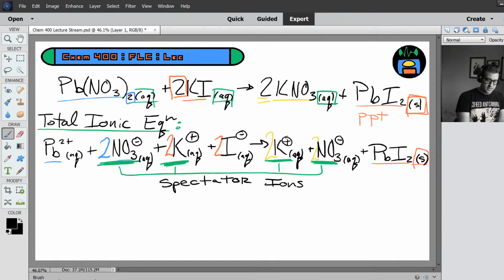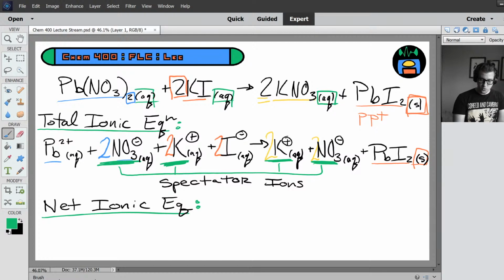That being said, the net ionic equation: if you were asked to write a net ionic equation, you would have to exclude all the spectator ions. In a net ionic equation, there are no spectator ions.